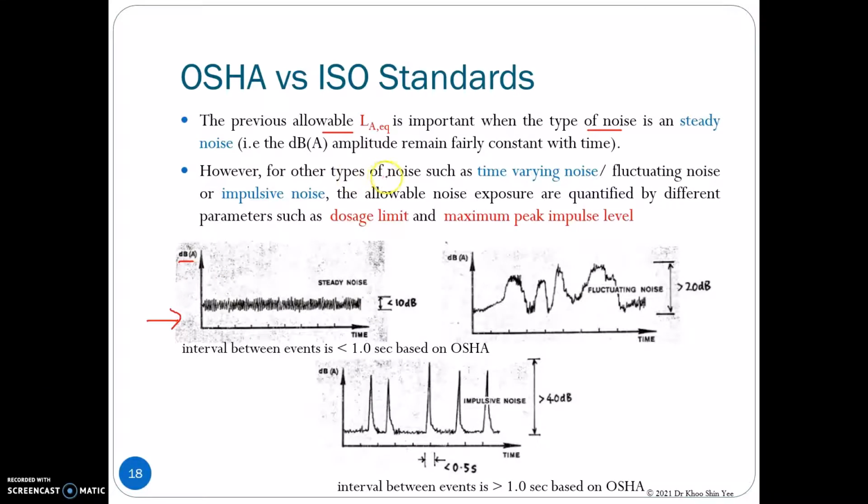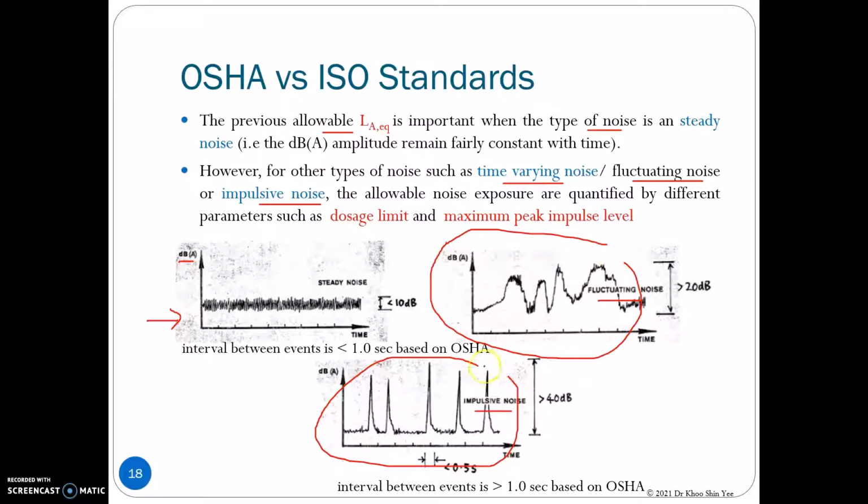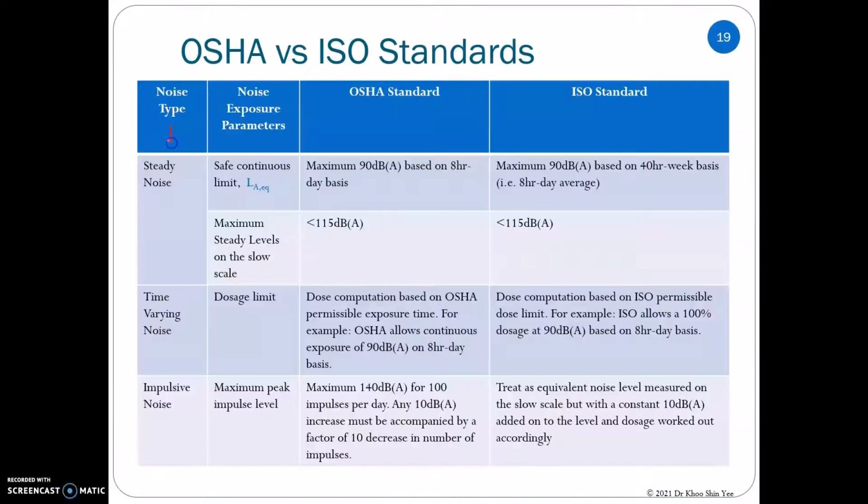However, for other types of noise, such as the time-varying noise or the fluctuating noise as shown in this figure, or the impulsive noise as shown in this, the allowable noise exposure is quantified by different parameters such as the dosage limit and also the maximum peak impulse level. Based on the noise type, we can decide what kind of noise exposure parameters we can use.